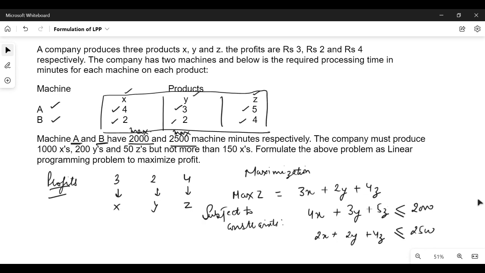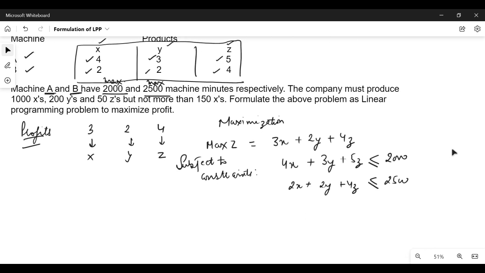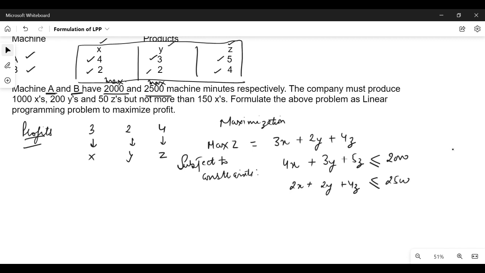Now the next line given in the question is that the company must produce 1000x. Company must produce 1000x means that 1000 units are produced by the company. So we can write here that x must be produced, meaning we have to produce a minimum of this, it can be more than this. So this is greater than or equal to 1000.